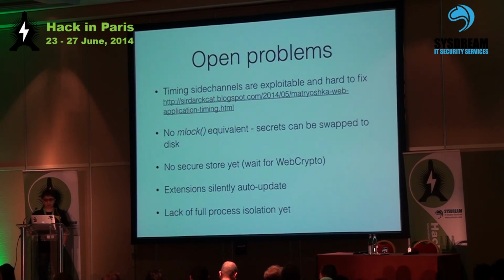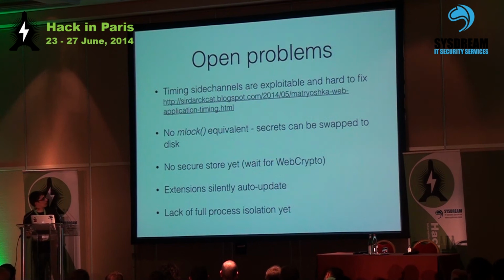There are still open problems. For example, the timing side channels in JavaScript. Even if your JavaScript code, looking at it, has no side channels, your actual JavaScript engines are pretty aggressive in optimizing things because, you know, browser wars and whatnot. So they can optimize your code and make it non-constant time. Eduardo Vela gave a really beautiful example of how you can practically exploit those possibilities.